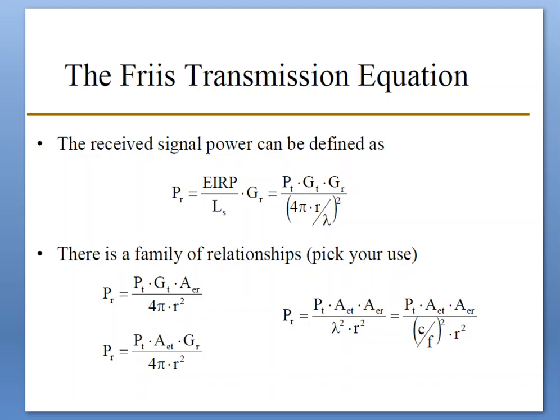That implies PR is equal to PT multiplied by the effective area of the transmitter and effective area of the receiver, whole divided by lambda square into R square. That implies PT multiplied by the effective area of the transmitter and effective area of the receiver, whole divided by c by f whole square into R square.